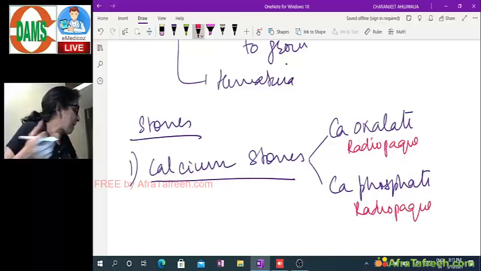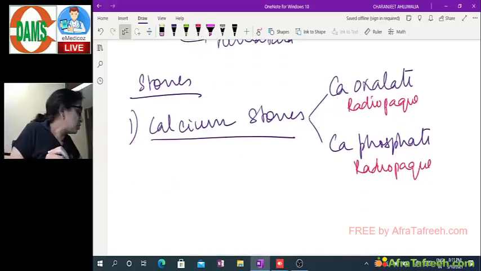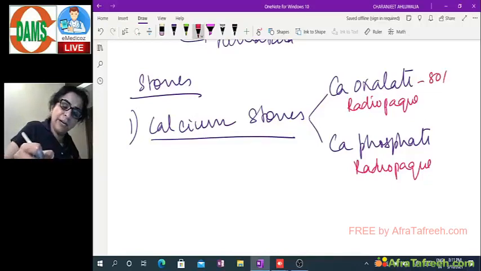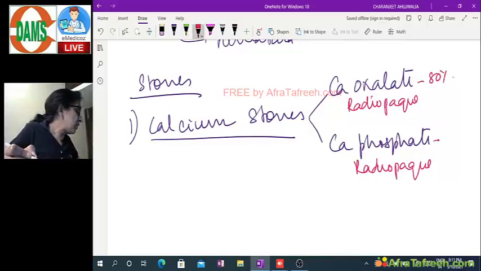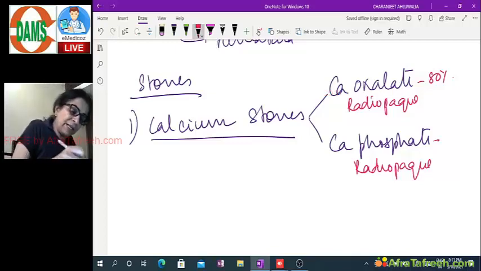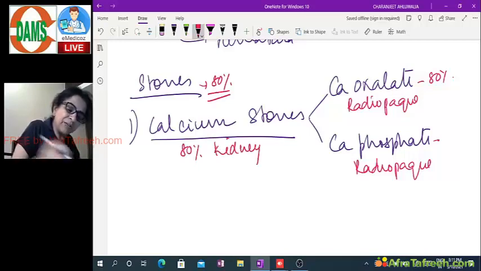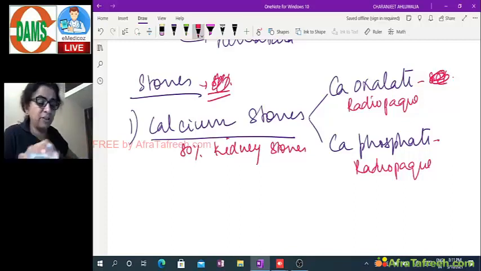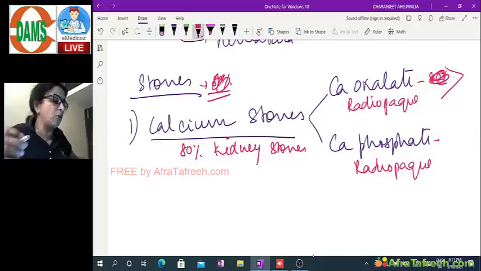Usually 80% of kidney stones are calcium stones, and calcium stones can be calcium oxalate or phosphate, and calcium oxalate is more common than calcium phosphate.